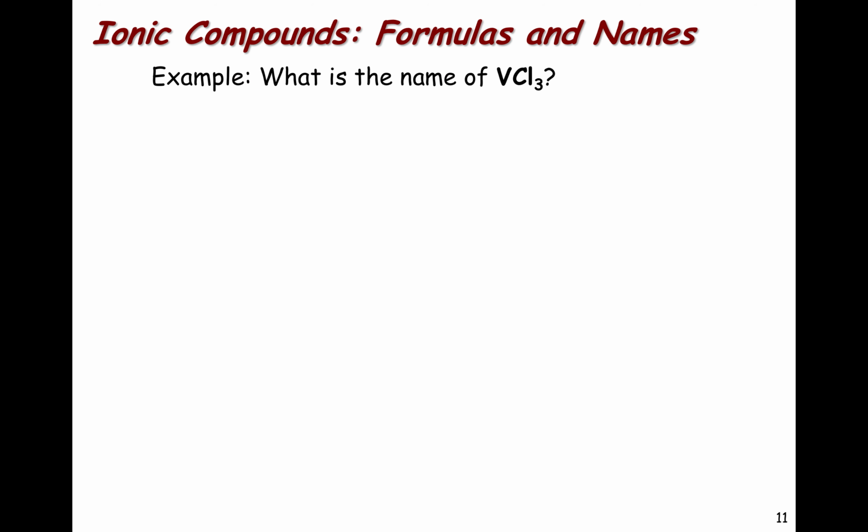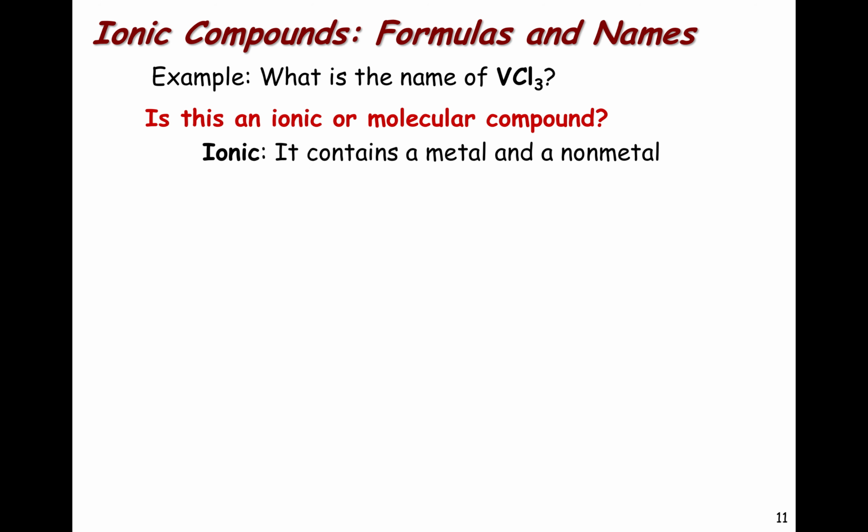So as an example of how to go about naming an ionic compound, if we're asked what is the name of VCl3, in this case we would need to know that it is an ionic compound. It's comprised of a metal and nonmetals in this case.